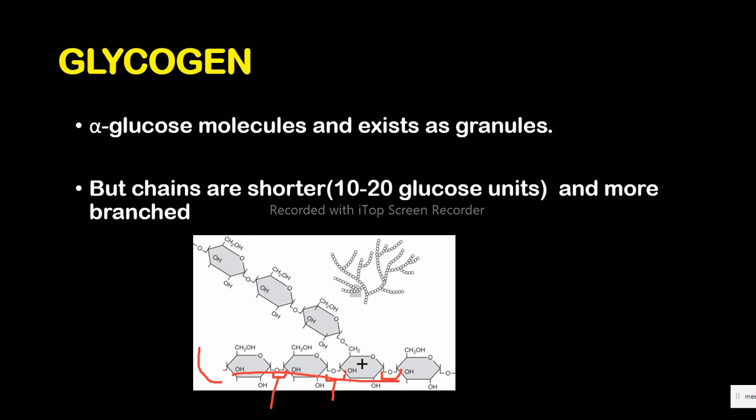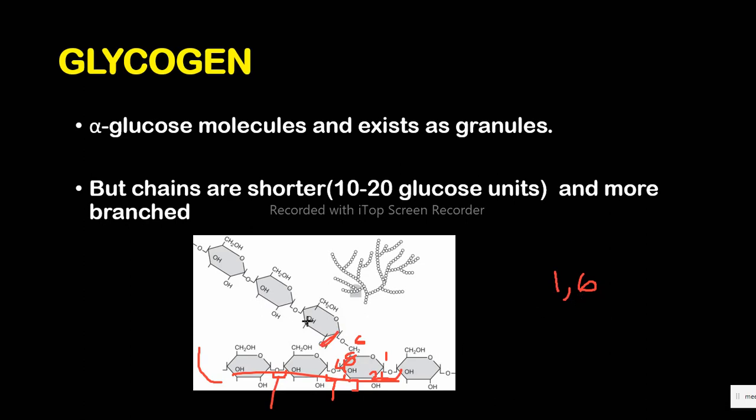Looking at this glucose molecule, this is carbon 1, this is carbon 2, carbon 3, carbon 4, carbon 5, and carbon 6. So there is branching between carbon 6 and carbon 1 of the glucose molecule.